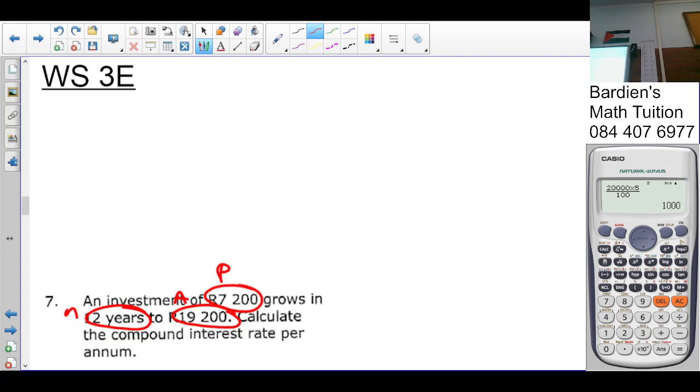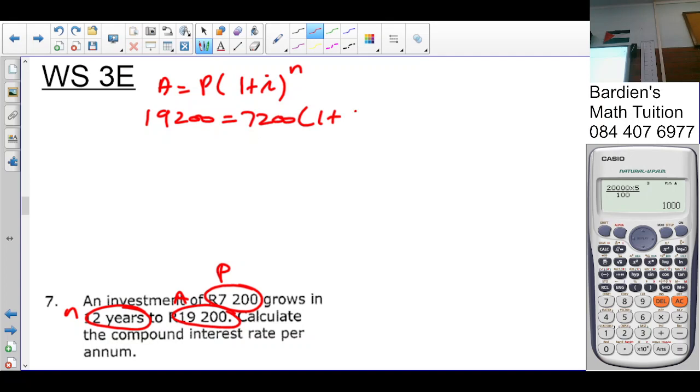What is the compound formula? A is equal to P into 1 plus i exponent n. So what is A? 19,200 equals P, 7,200 into 1 plus i.